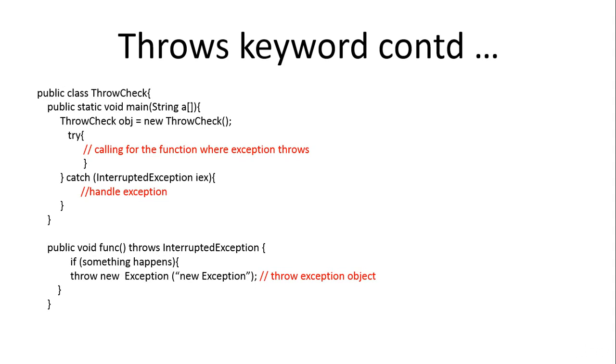So this is an example of the throws keyword. We have a class called throwCheck and we create an object of it and we call the function where the exception throws inside the try block, and we use the catch block to handle it.